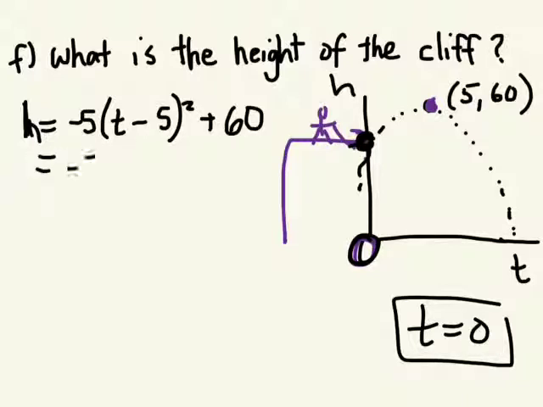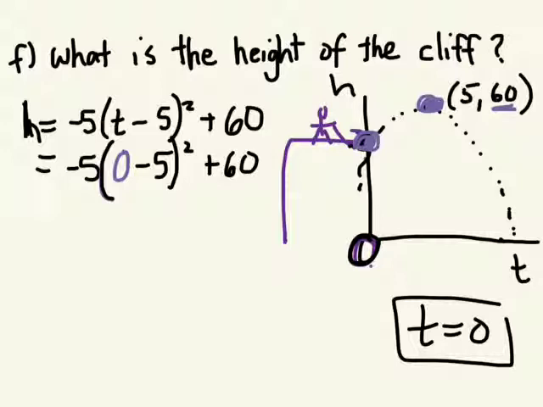Did it start at 60? No, it didn't. 60 was the highest point it got to, but it started when time was 0. So we're going to plug in 0 for t. Okay, does that make sense? Before time passes, that's where you start.